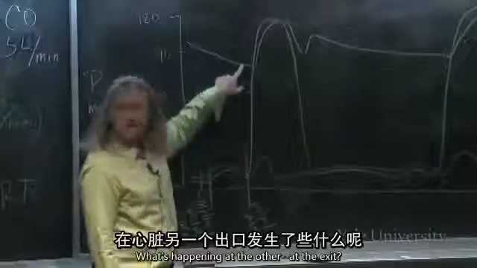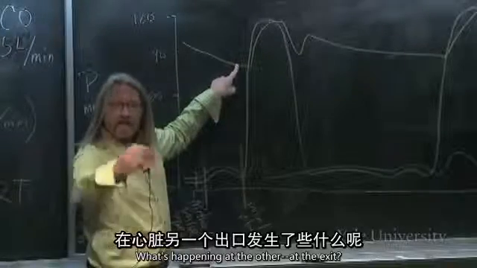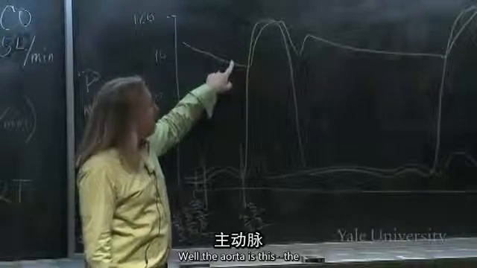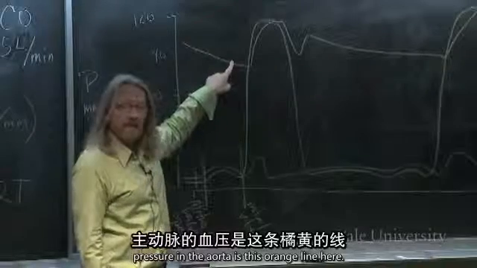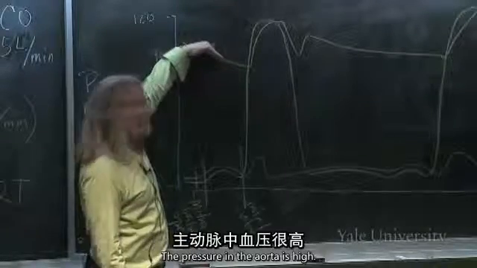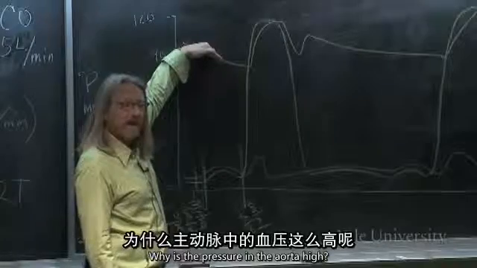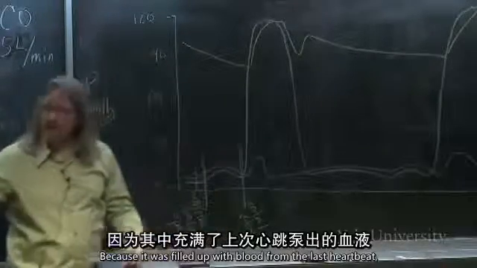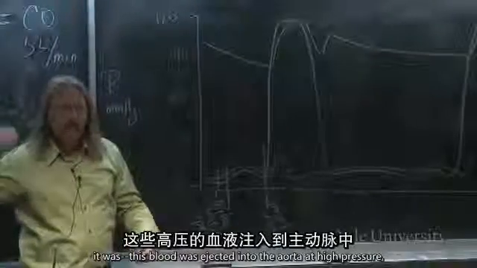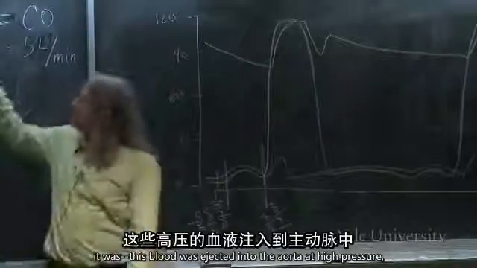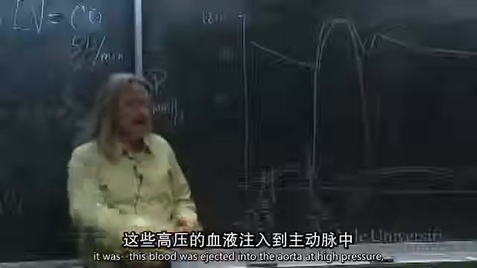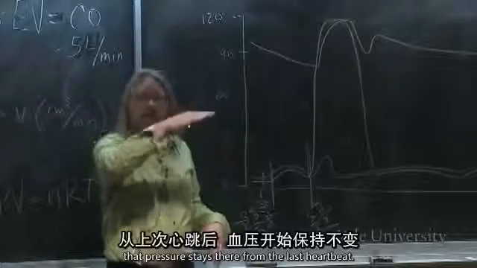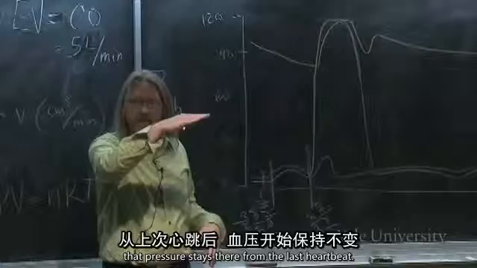What's happening at the exit? Well, the pressure in the aorta is this orange line here. The pressure in the aorta is high. Why is the pressure in the aorta high? Because it was filled up with blood from the last heartbeat. This blood was ejected into the aorta at high pressure. That pressure stays there from the last heartbeat.